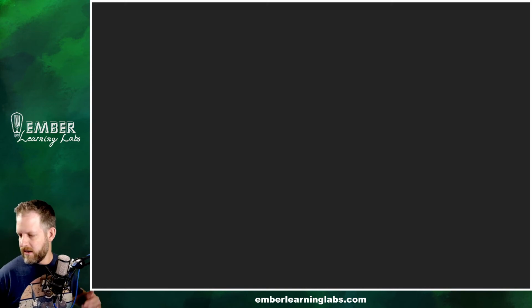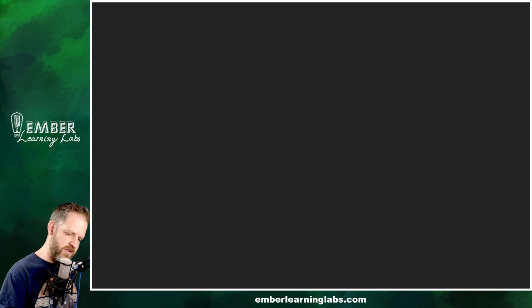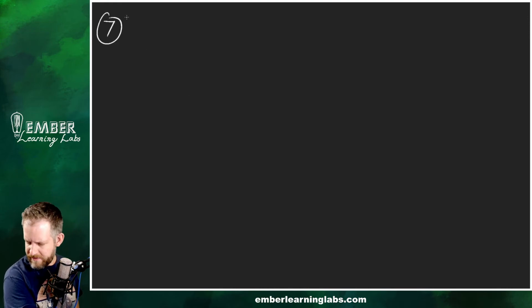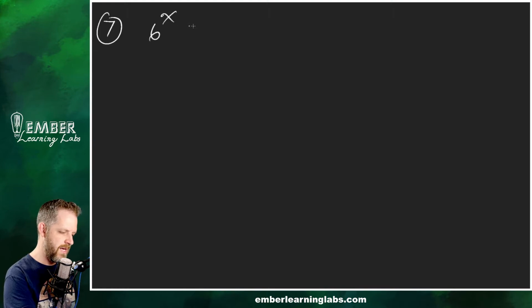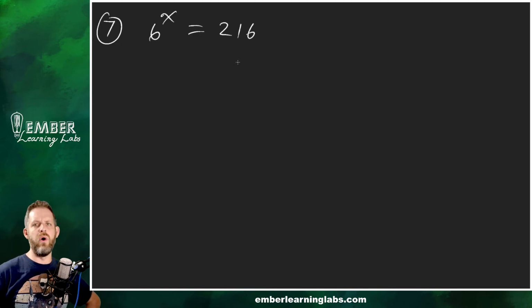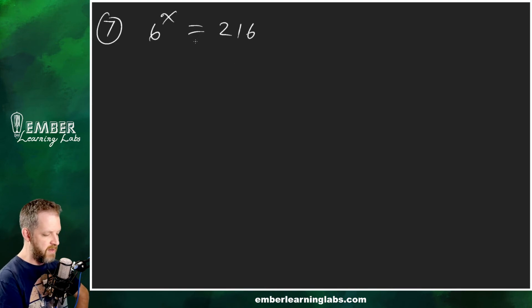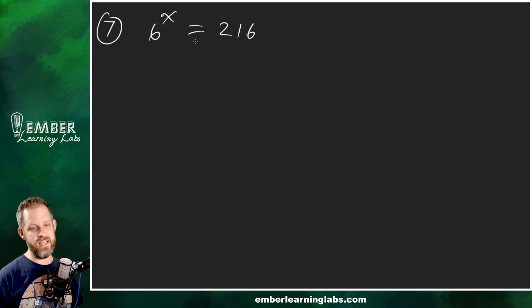Oh, there it is. That's what I'm looking for right there. Okay, so this is the type of example we might see with this property. Number 7 is 6 to the x equals 216. Now, that's not what I said. Those two are not the same, so we have to make them be the same, right?